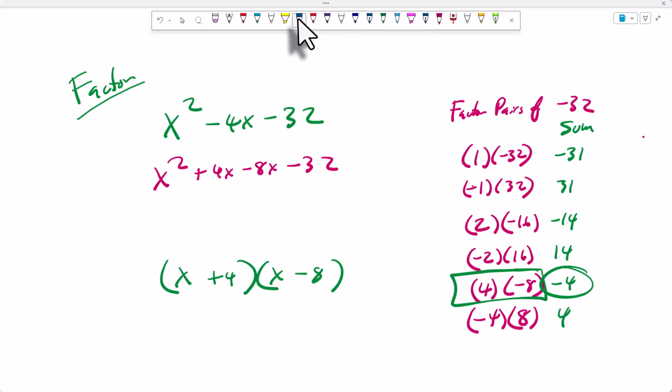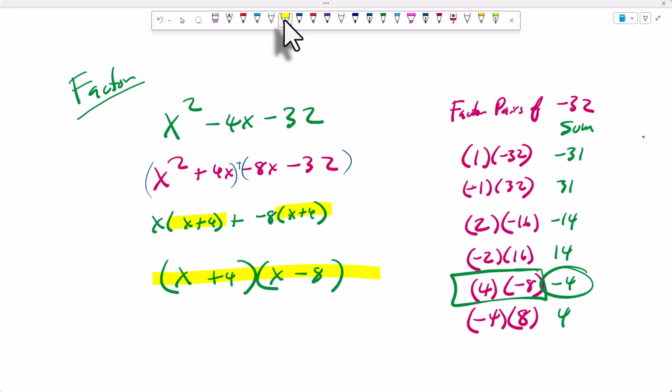And then we factor by grouping. And then we factor out the common binomial factor, and we get that.